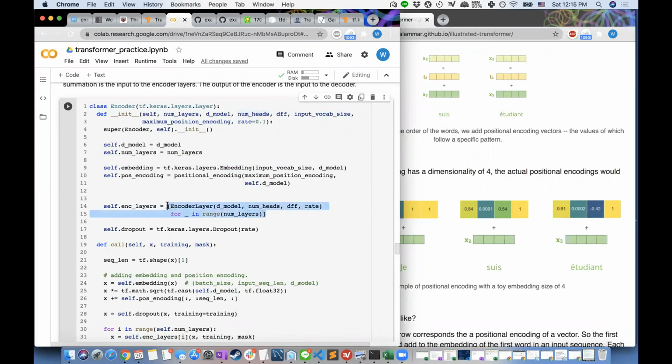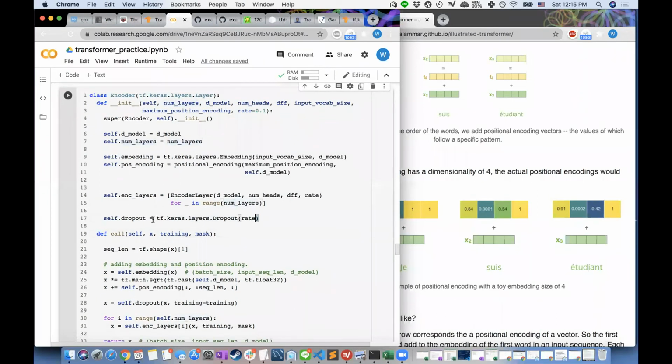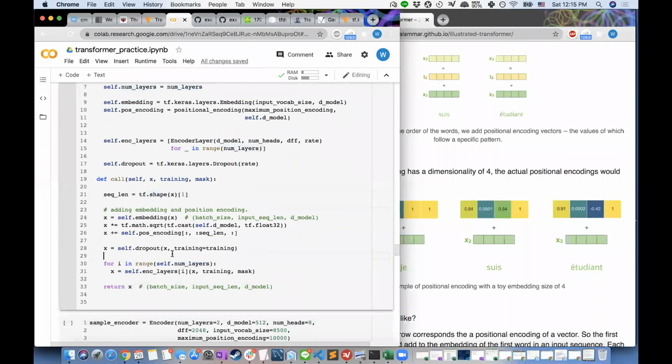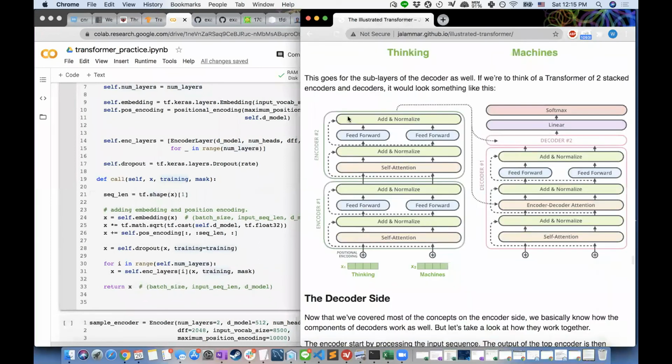It's just using a list comprehension to generate a bunch of encoder layers and pass that into a list, and pass that into an enc_layers instance variable with the number of layers, right? And you have your self.dropout. Okay, so that's pretty straightforward. We're literally just stacking 6 encoder layers together.